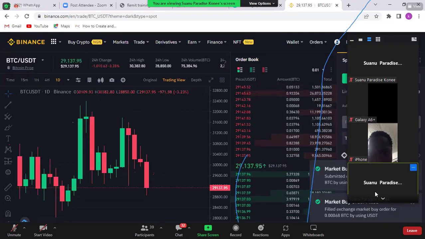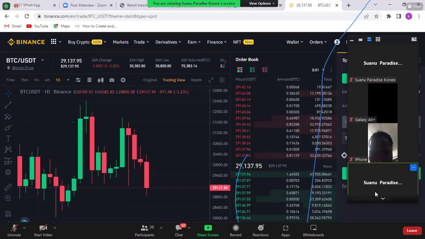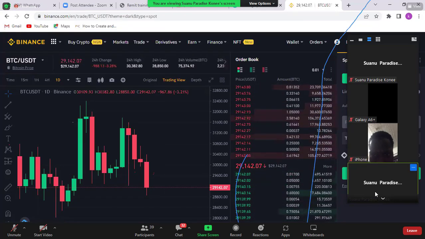Once you click on buy, automatically your trade will be filled. Now you can see that the money has dropped from $45 to $25, because I just bought Bitcoin worth $20.